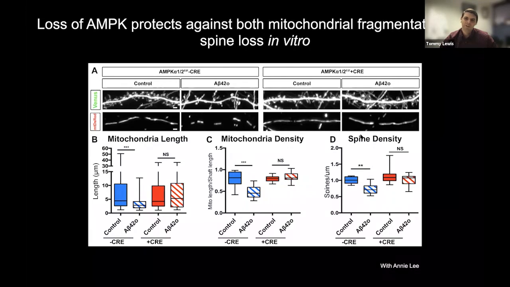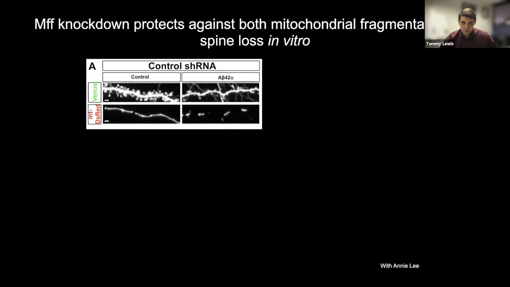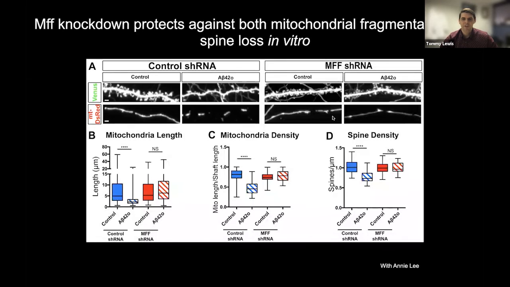But as you can imagine, just blocking AMPK may not be a super good strategy. So we wanted to dig further if this is mediated through this interaction with MFF. And so we took, again, our neuron cultures, and we have our control shRNA, or we have our MFF knockdown experiment.